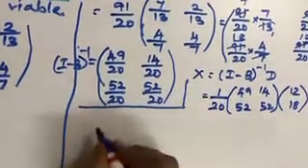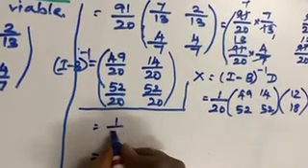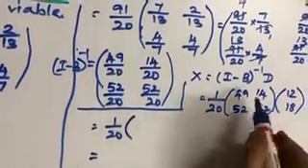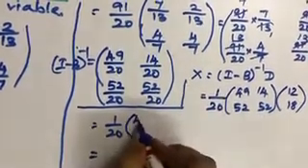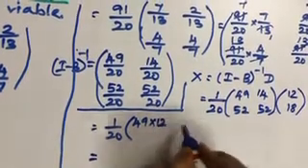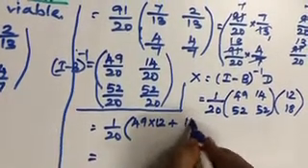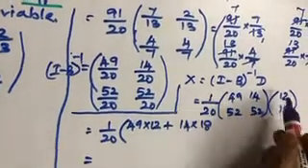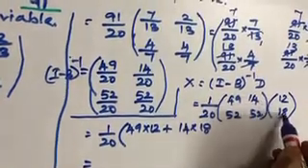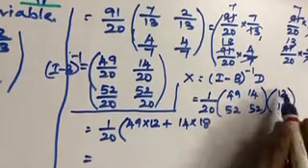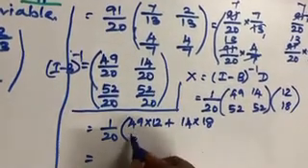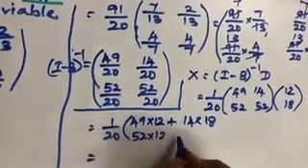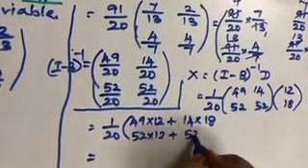So it's equal to 1 by 20 into 49 into 12 plus 14 into 18. Ordinary matrix multiplication: this and this plus this and this. Similarly, 52 into 12 plus 52 into 18.